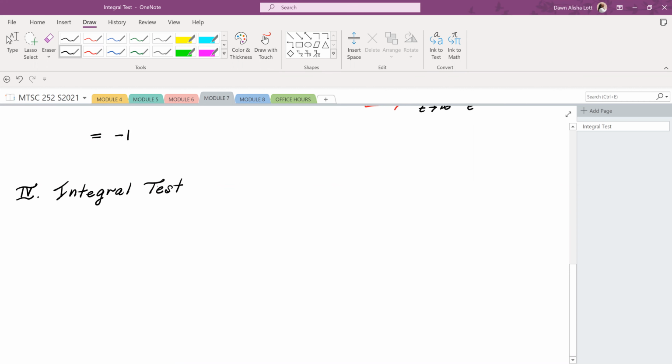Okay, so the integral test says let a_n be a sequence of positive terms.